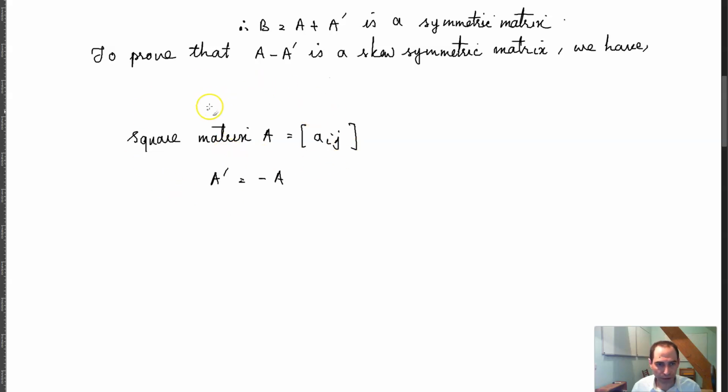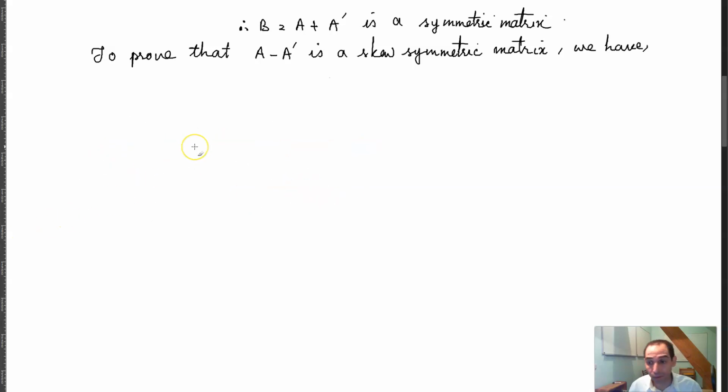If that's the case, then you can call it a skew symmetric matrix. Now, what we need to do here is prove that for A minus A prime, the transpose of the matrix is equal to the negative of the matrix. So I can say, for example, let C be equal to A minus A prime, some matrix.